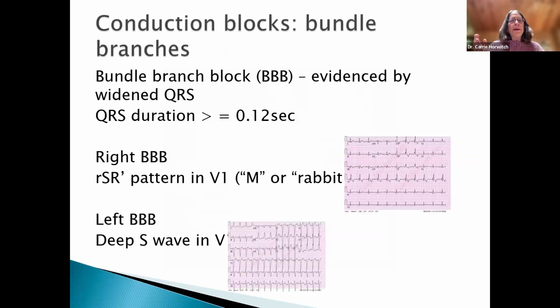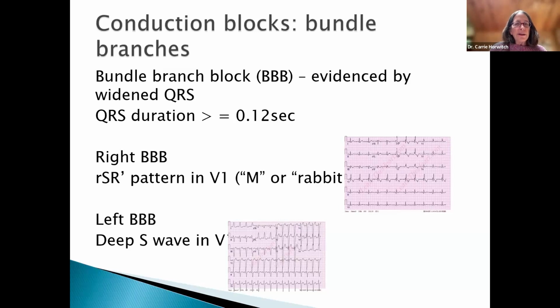If you have a bundle block, that means that either the right or the left bundle has a block somewhere. You typically may get a wider QRS, and you will also tend to get the RSR prime, like little rabbit ears, depending on whether it's a right or a left bundle.